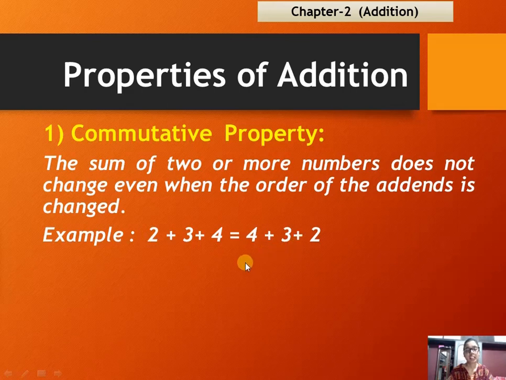Now let's see the answer. 2 plus 3 is 5 and 5 plus 4 is 9. 4 plus 3 is 7 and 7 plus 2 is 9. As you can see here, the answers on both the sides are same. It means there is no change in the answer even if the order of the addends is changed.